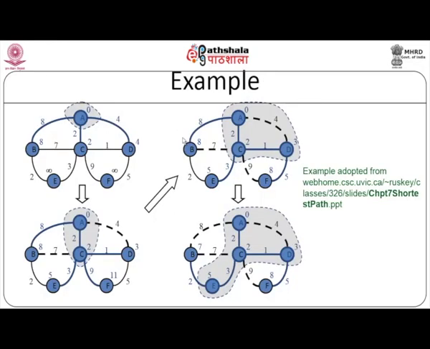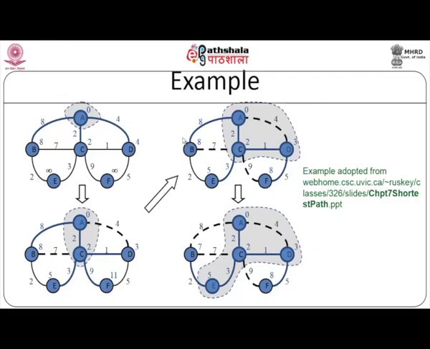This example has been adopted from this, and you will see here we start with A, which has a value associated with it as 0. Then you come to C, the cloud grows. Remember, d of A is 0 and d of C is initially infinity.